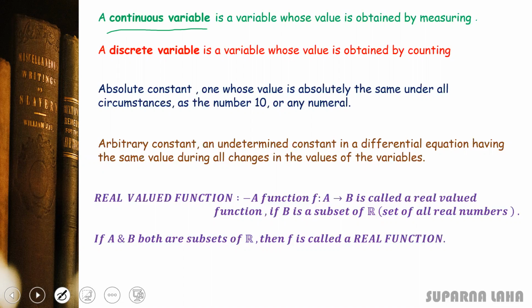If I'm taking the value of x in R, that means I'm taking the continuous values in R, that is 1, then the real numbers in between 1 and 2, then real numbers between 2 and 3, then 3. So I'm taking the values of this x continuously.